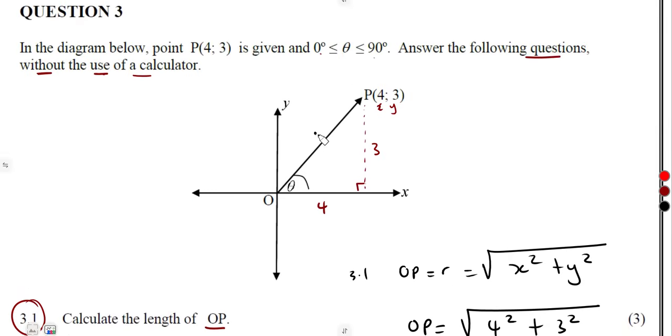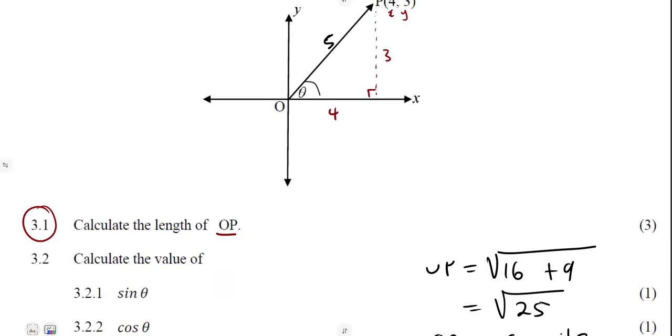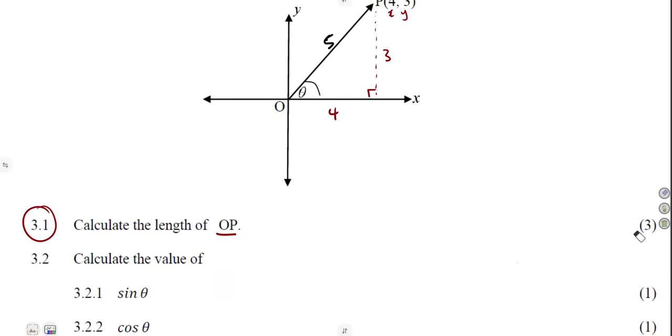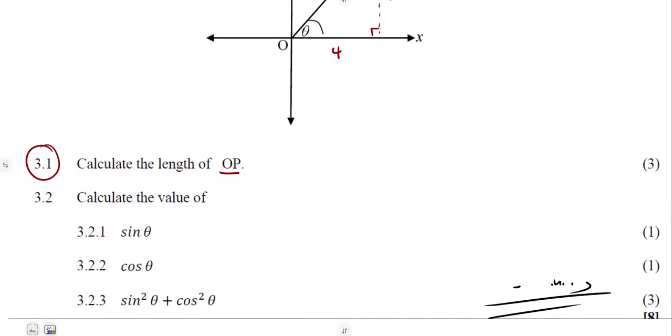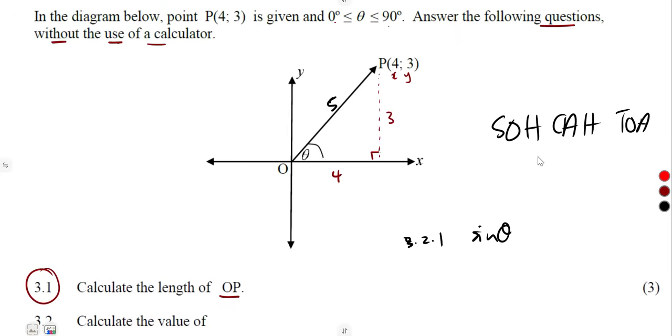So that was 3.1, a little bit direct. Then let us move on to 3.2. Calculate the value of these. 3.2.1, the sine of theta. Remember from our SOH CAH TOA concept, sine is opposite over adjacent. Opposite over hypotenuse, sorry.